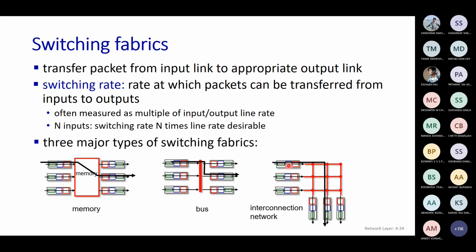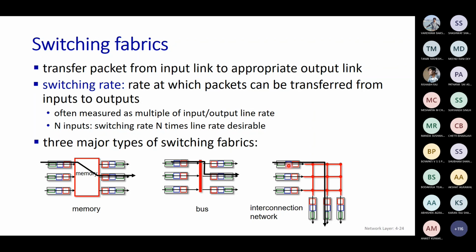Earlier, when switch fabrics were being made, there was nothing like a simple module that is put into or connected with input ports and output ports to transfer the data.